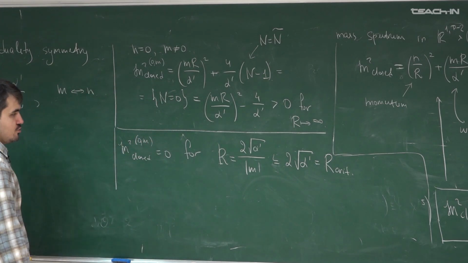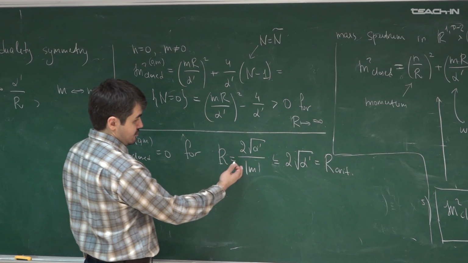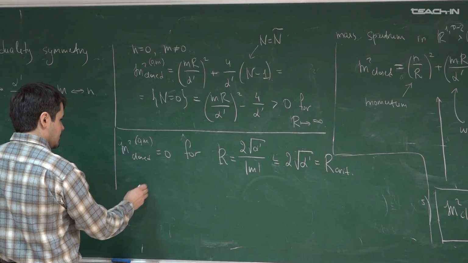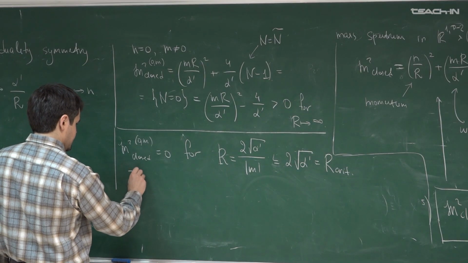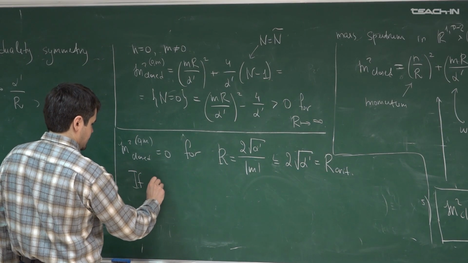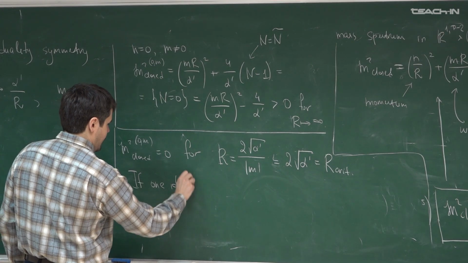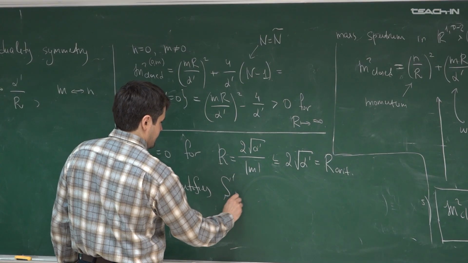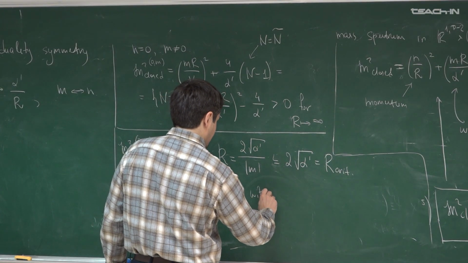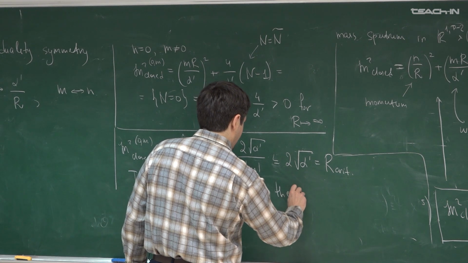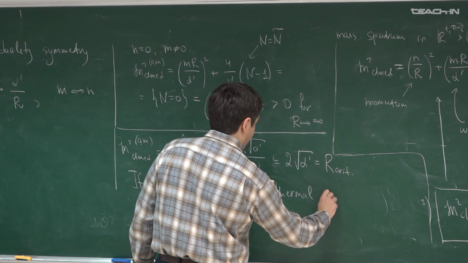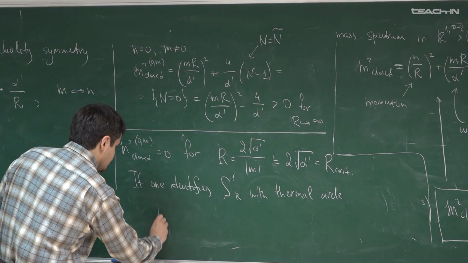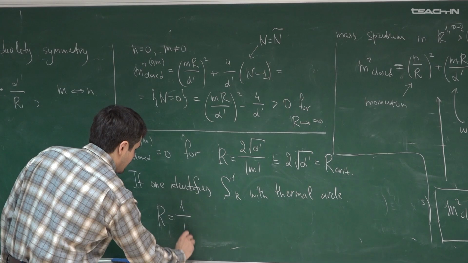So if we just boldly identify this with a thermal circle, the radius is 1 over the temperature.